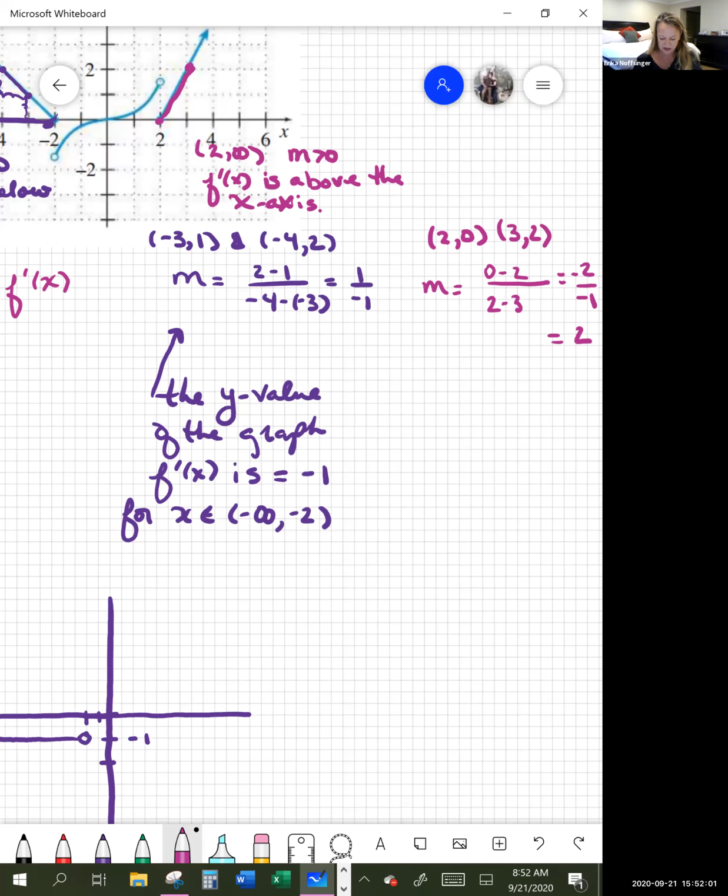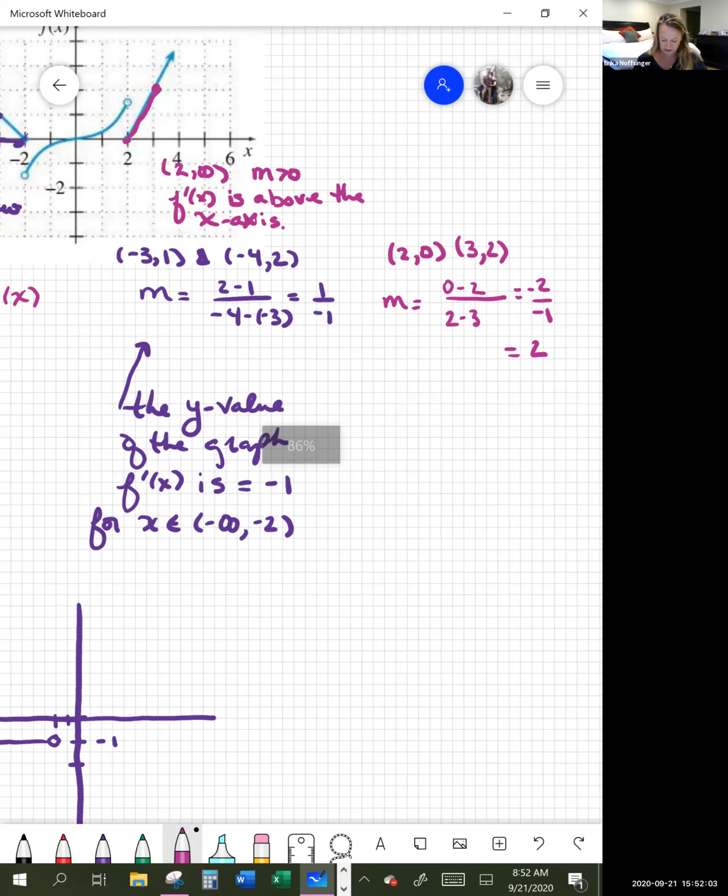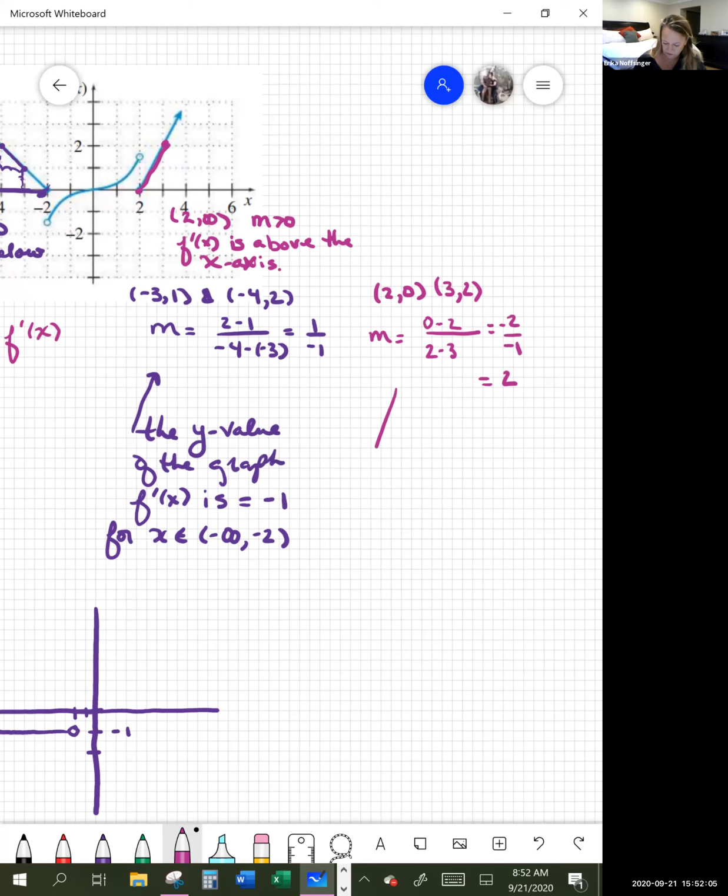So we know that our graph then, the y value of f prime of x, is equal to 2 for all x values that are between 2 and infinity.